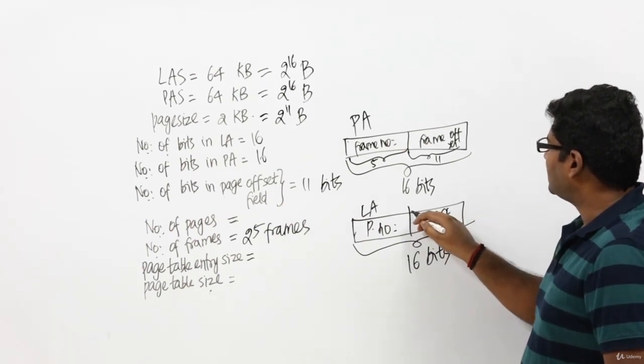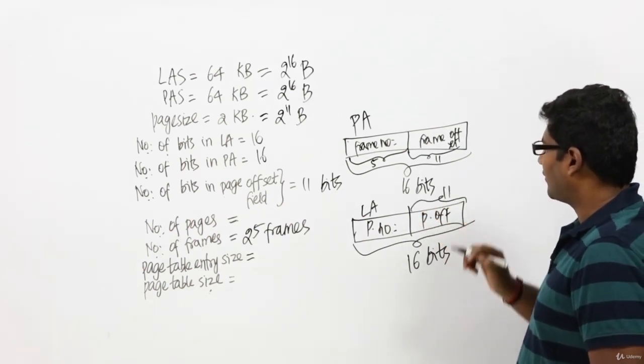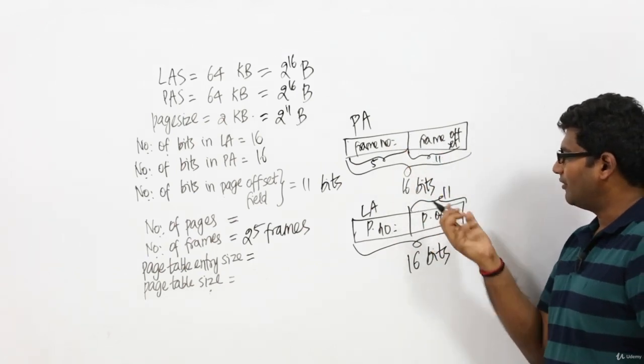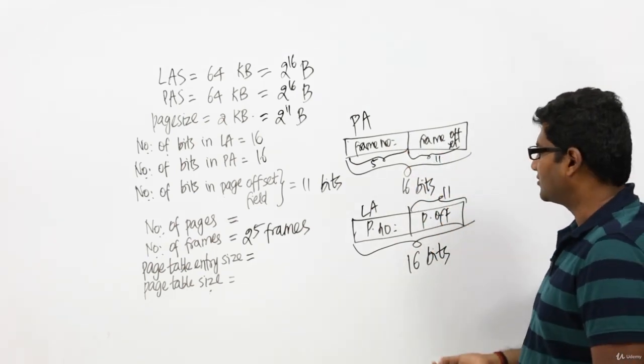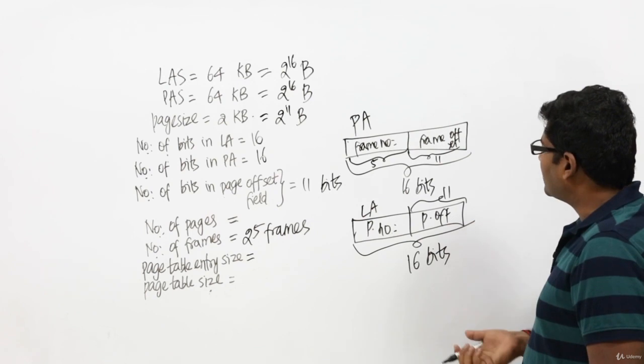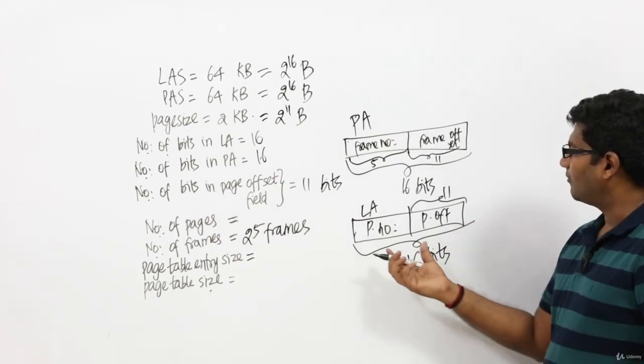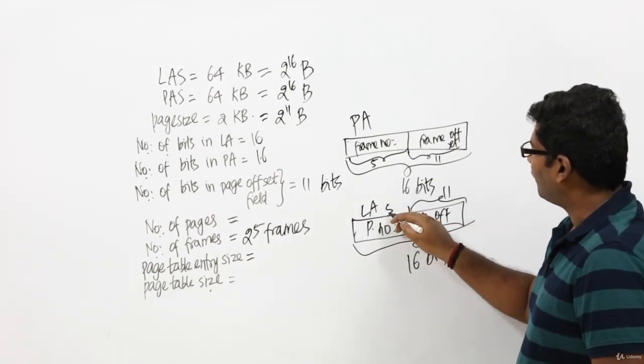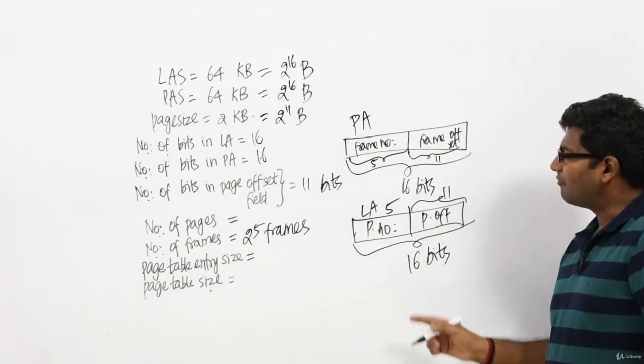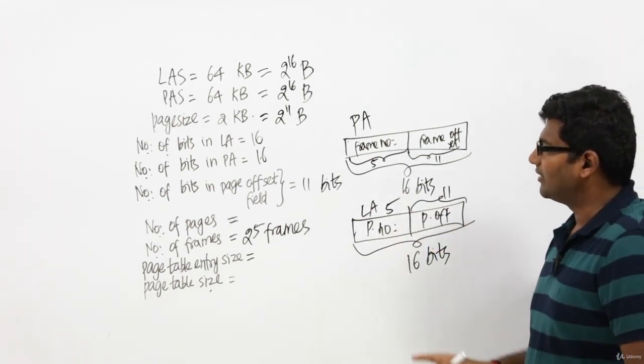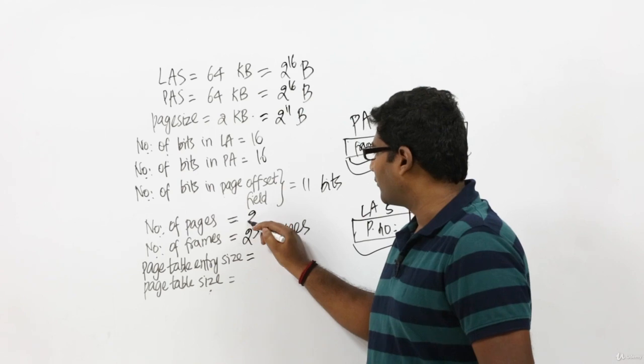We know that page offset will have 11 bits. Since frame offset is 11 bits, obviously page offset will also have 11 bits. If the page offset field has 11 bits, then the page number field will have 5 bits. And if the page number field has 5 bits, then the number of pages is nothing but 2 power 5.